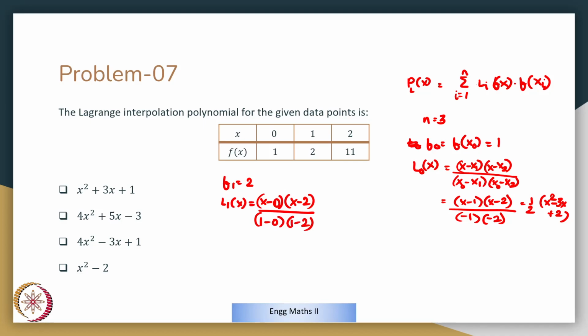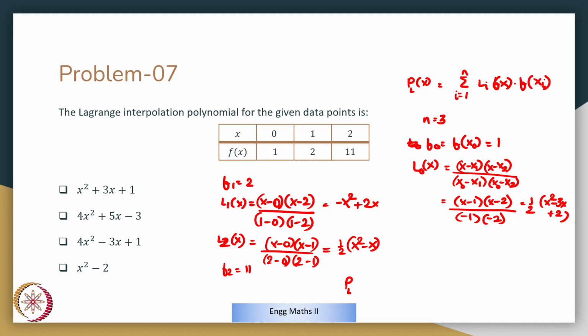So this is 1, this is minus 1. So we have minus x square plus 2x. Finally, if we take L2 of x, it's nothing but (x minus 0)(x minus 1) upon (2 minus 0) into (2 minus 1), which ends up being half of x square minus x. f2 is given to be 11.